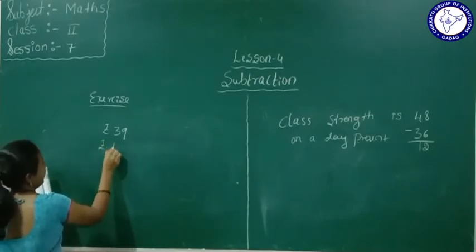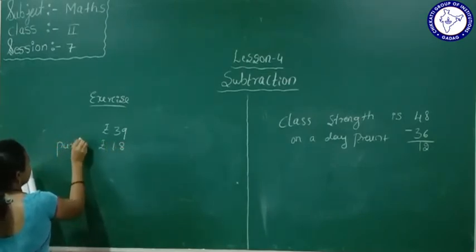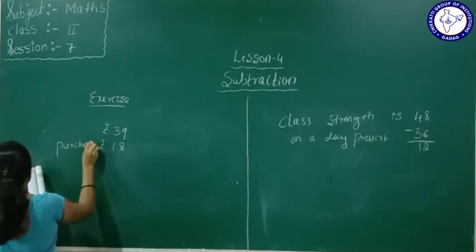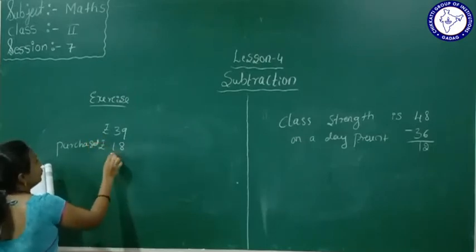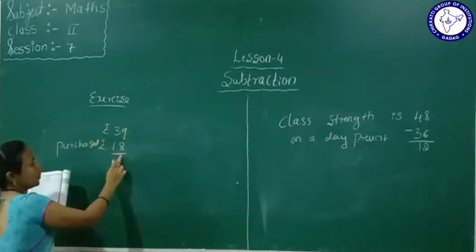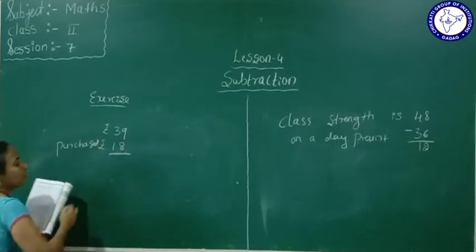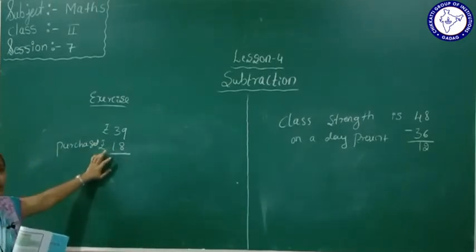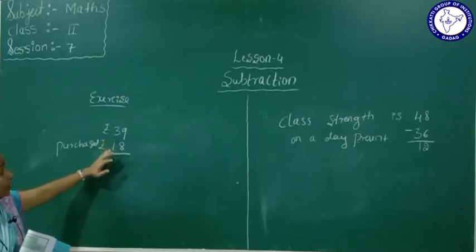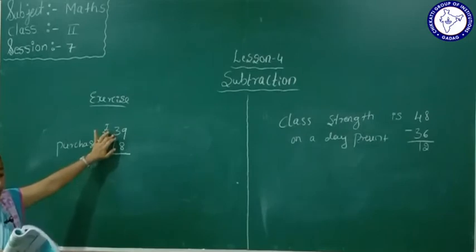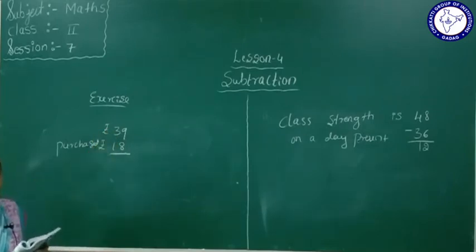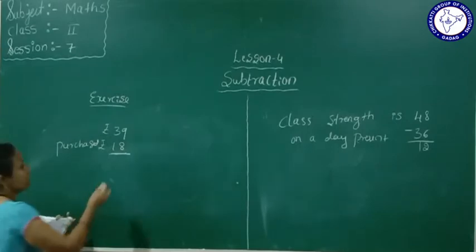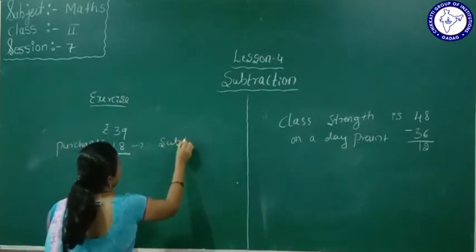So she took a notebook, and she gave 18 rupees to the bookstall. So how much amount remained with Ankita? What will we do here? So how much amount remained with her? Is this subtraction or addition? This is subtraction. Okay.